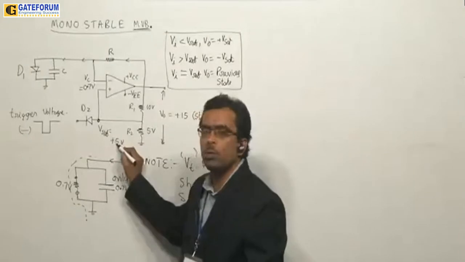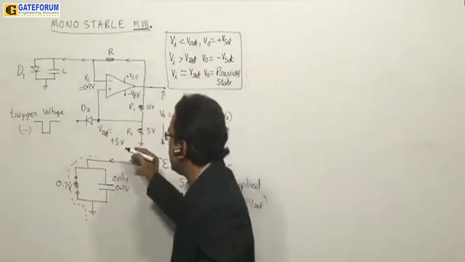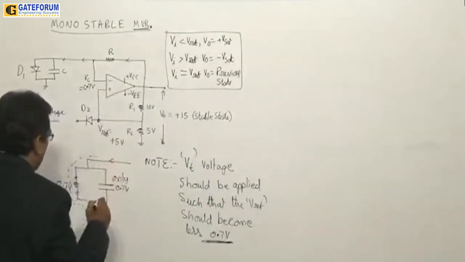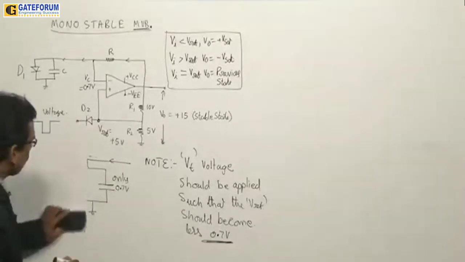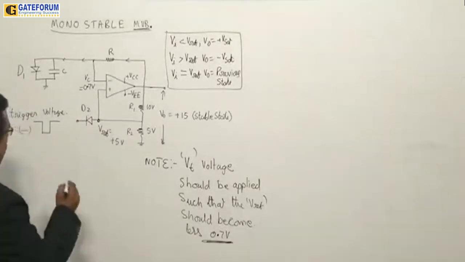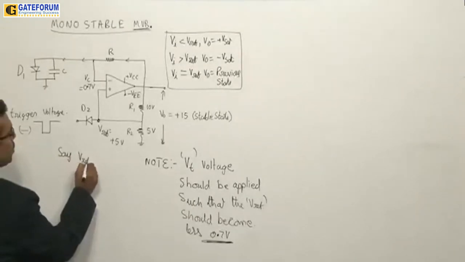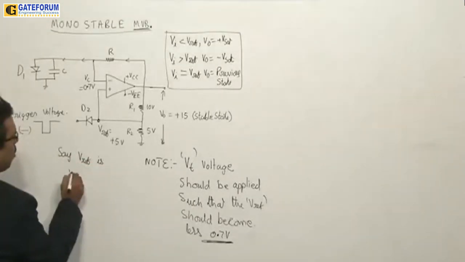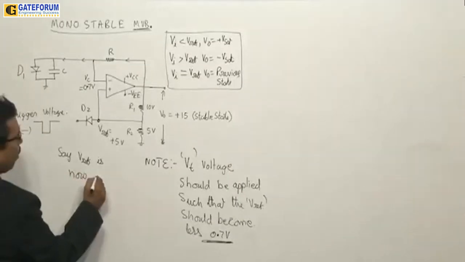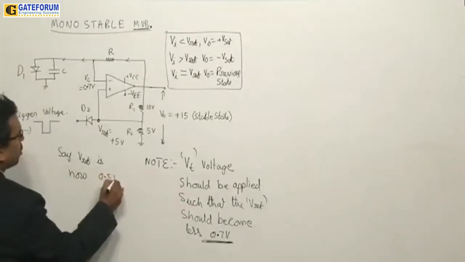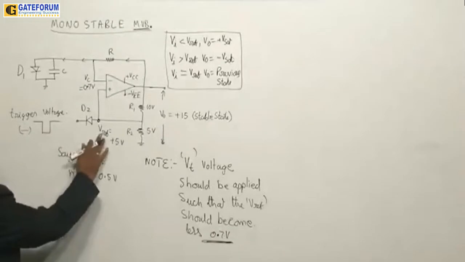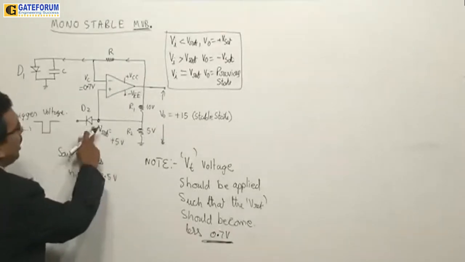If the diode is on, this 5 volts will be reduced. Say, for example, V reference is now 0.5 volts, because you have added this negative voltage to this.